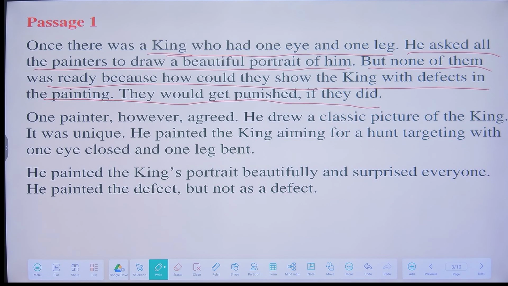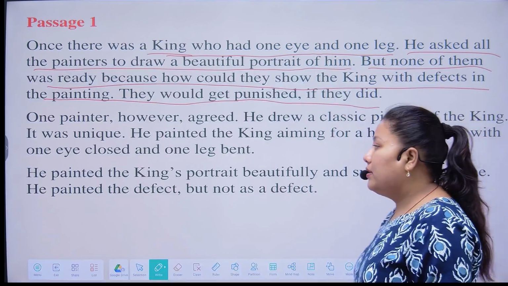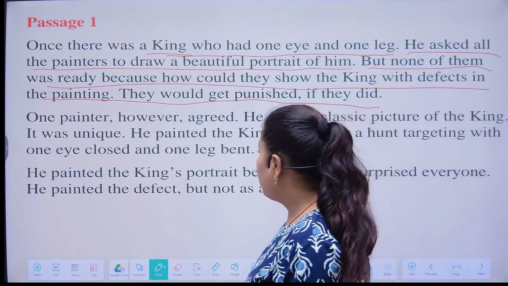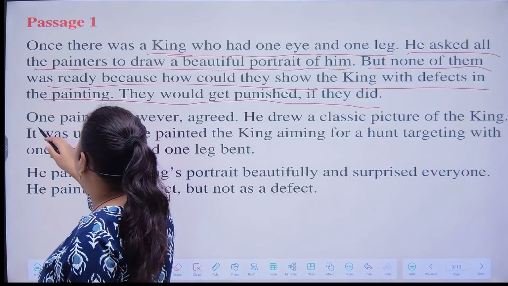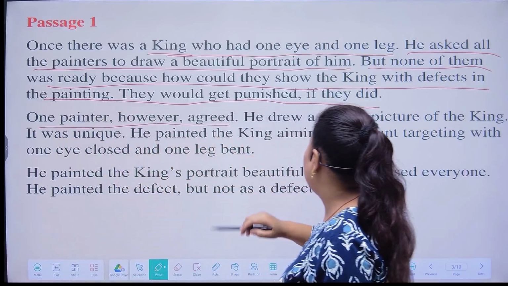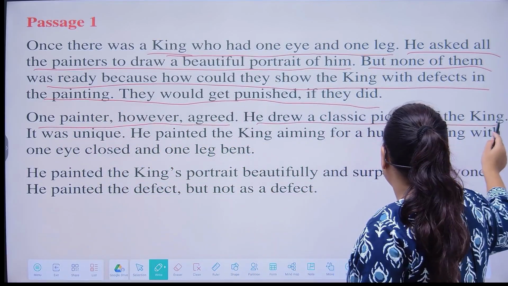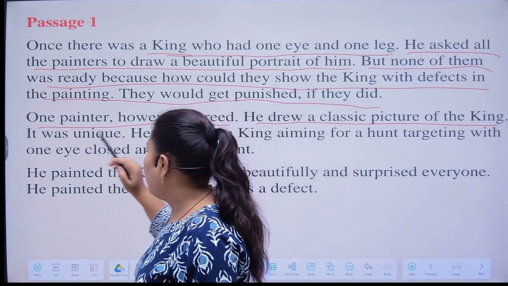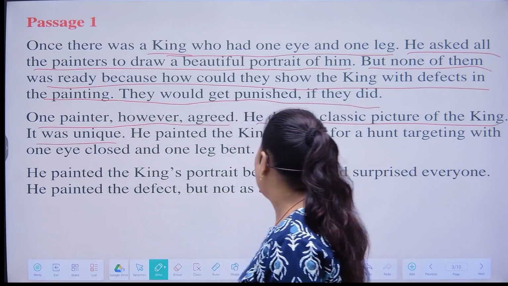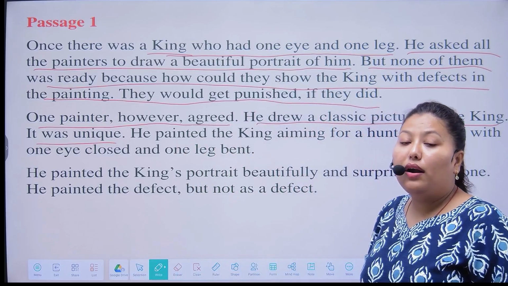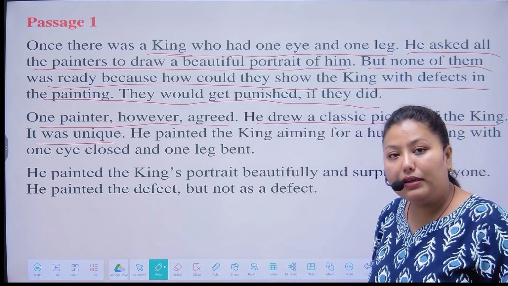Did any painter agree to paint the king? The answer is yes. One painter, however, agreed. He drew a classic picture of the king, and it was unique. Next question: what did the painter paint?